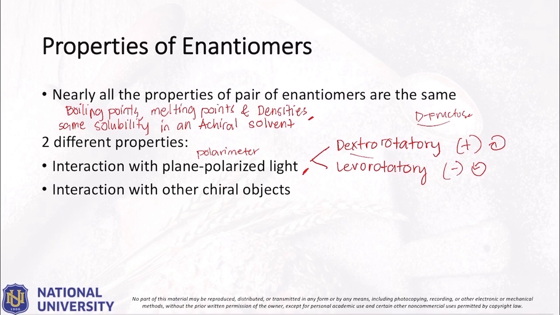No, may mga some instances na levorotatory pala siya. Kaya nga, there is no way of knowing which way an enantiomer will rotate light until it is examined with a polarimeter. Next is the interaction with other chiral objects. So, yun nga, different yung solubility nila in a chiral solvent, such as D2-butanol.